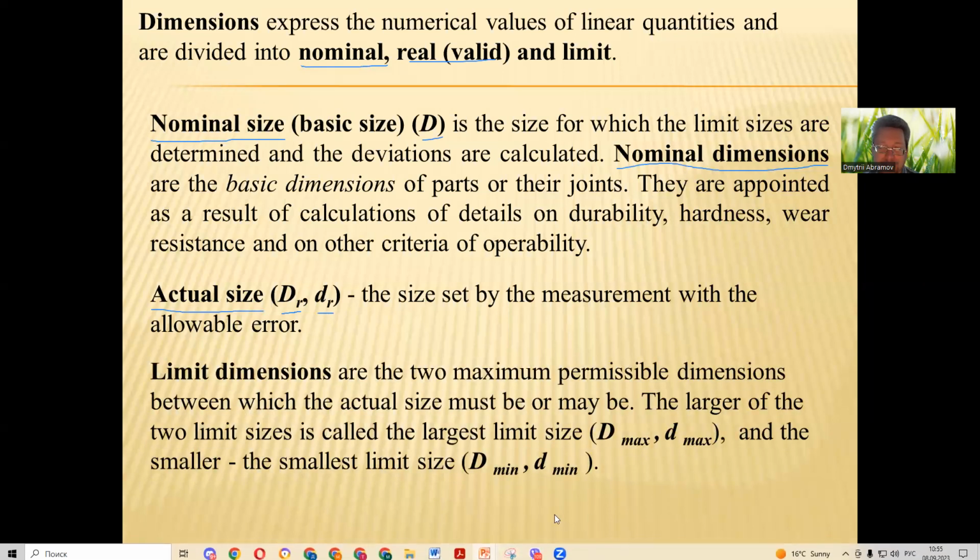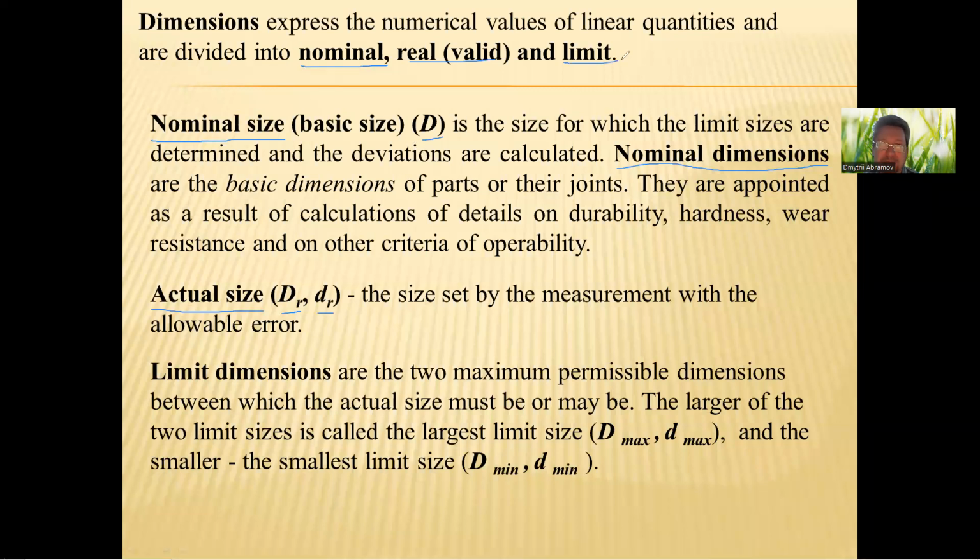And the last type of dimensions is limit dimensions. Limit dimensions are two maximum permissible dimensions between which the actual size must be or may be. The larger of the two limit sizes is called the largest limit size.